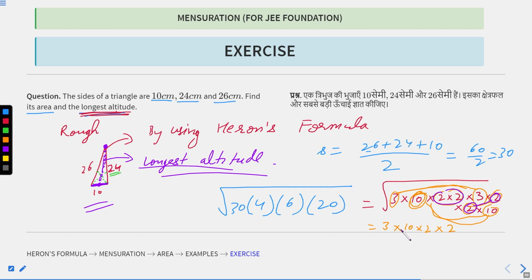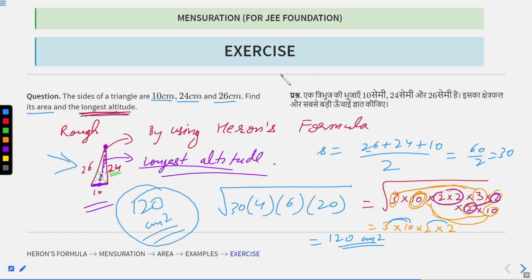So the final answer, or the area, is 4 times 30, which is 30 times 2 is 60, 60 times 2 is 120 centimeter square. So the area for this triangle is 120 centimeter square.